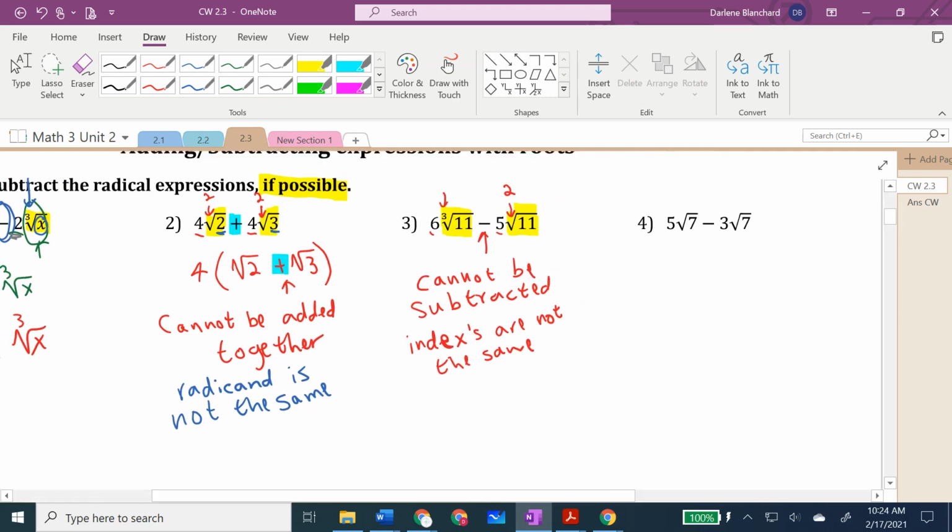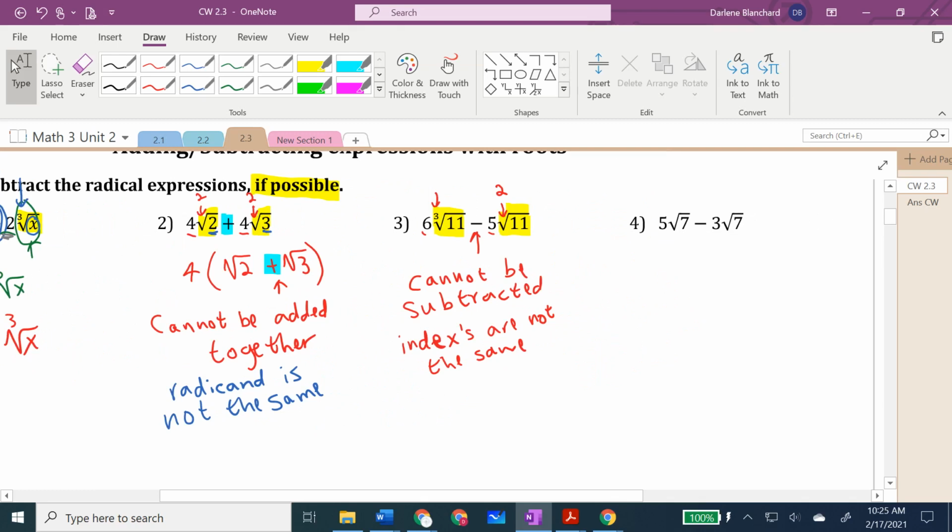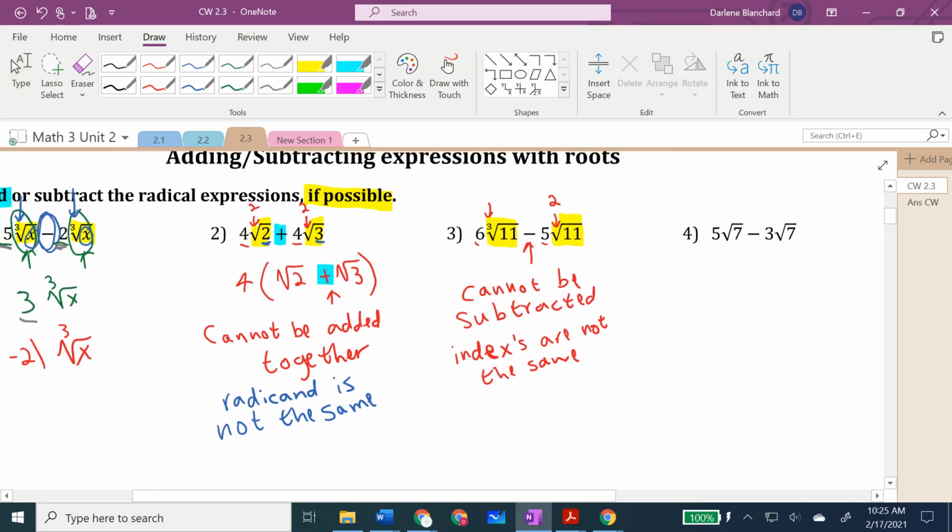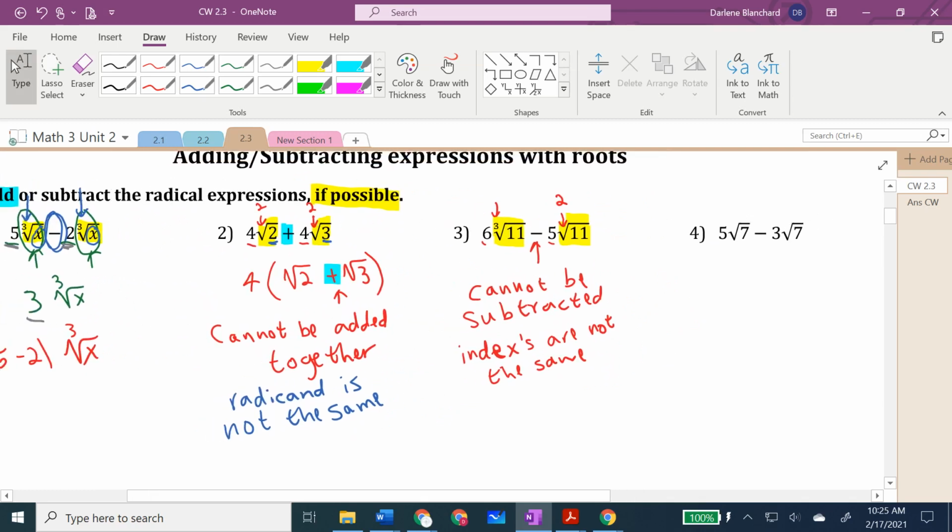So now number 4. In number 1, you had a variable in your root, but number 4, no variable involved. The radicands are both 7. The understood index numbers are not written, so it is the understood 2.